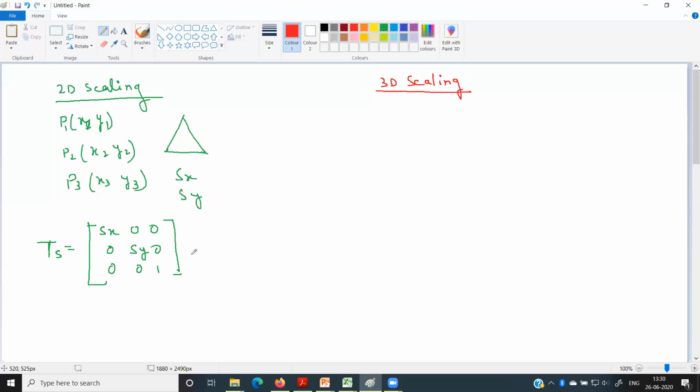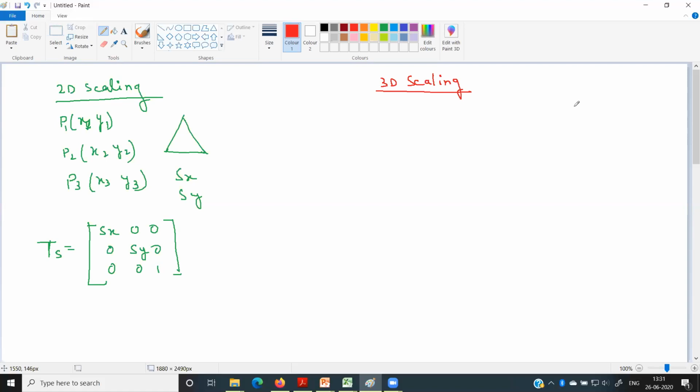If you want to do the scaling with respect to a fixed point, this scaling matrix will be the same. First you need to perform the translation of the fixed point to the origin, and respectively all points, that means the translation operation you need to perform first, then perform the scaling, and then do the reverse translation. That's all.